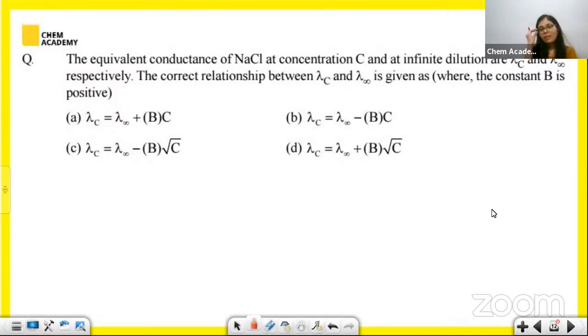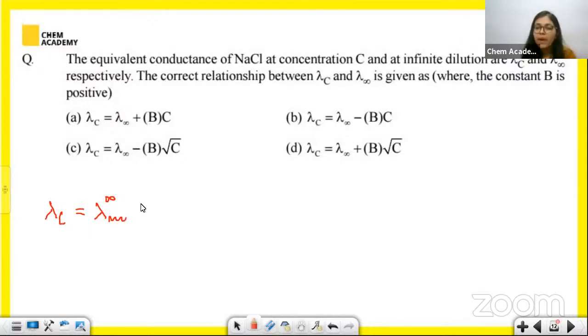We just have to determine which of these is the correct equation. I will try to explain it from the very beginning. At infinite dilution, lambda C is equal to lambda M infinity.